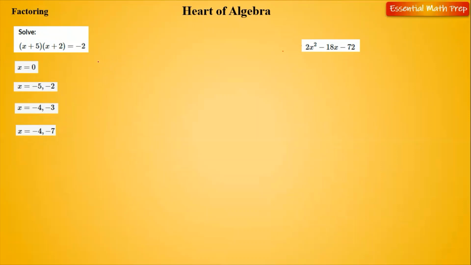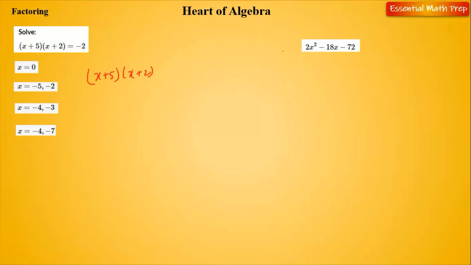So here, when you have a problem like this and it's asking for values of x, you cannot simply say x plus 5 equals negative 2 or x plus 2 equals negative 2. That won't work, okay? So the way you do it is you first multiply this using the FOIL method, which we will discuss in the next video. But for now, let's go ahead and actually multiply this.